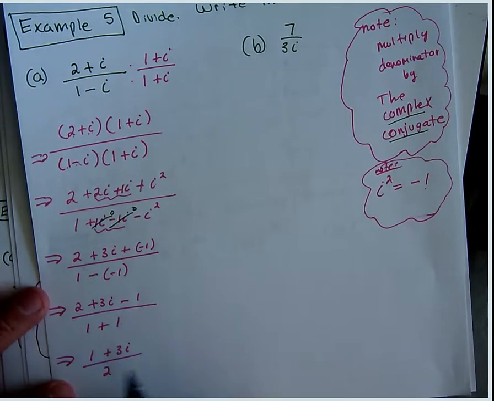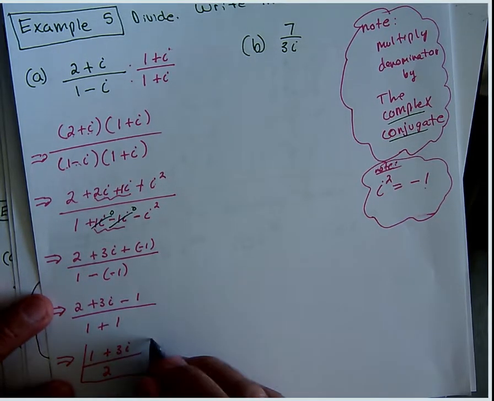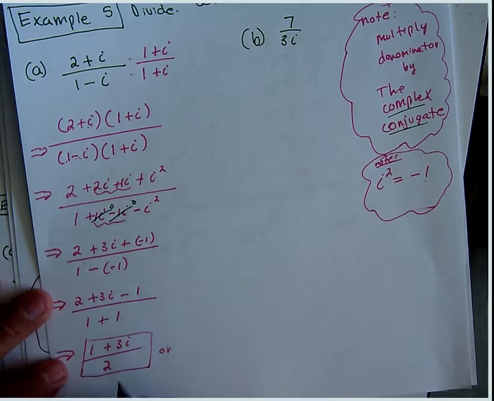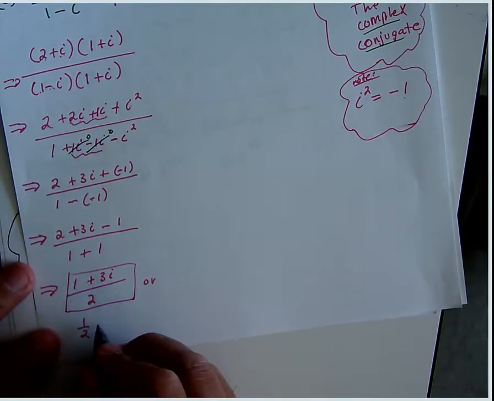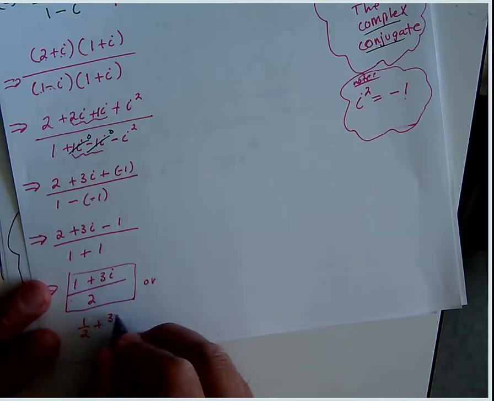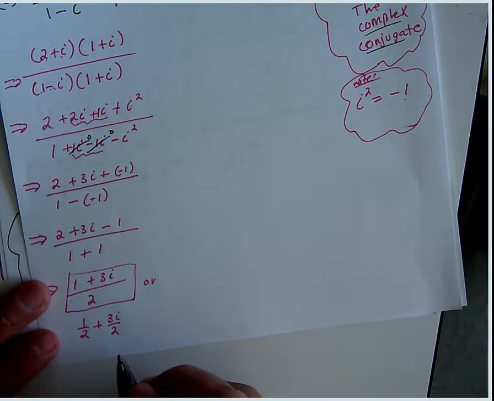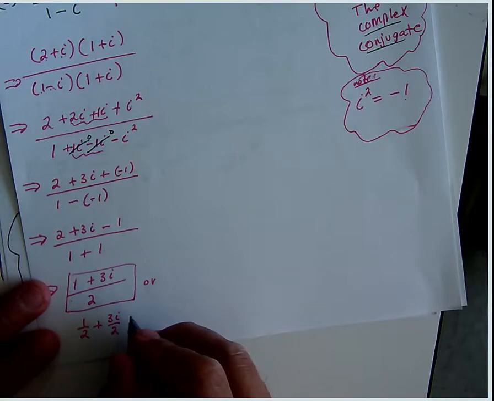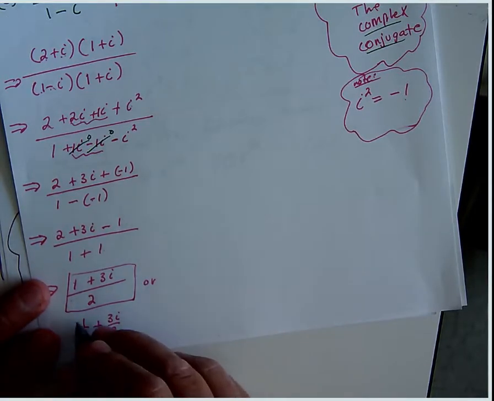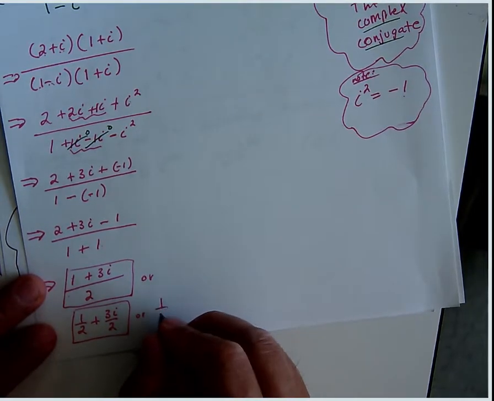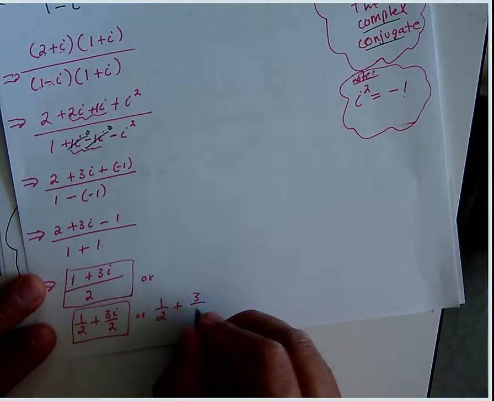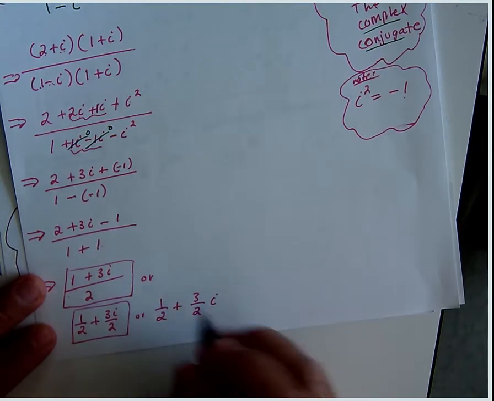If you give me that answer, that's perfectly fine. Or you can separate this, separate these rational numbers: 1/2 plus 3i over 2. And that would be fine, like that. Or I'll give you all the options: 1/2 plus 3/2, and then the i on the side.